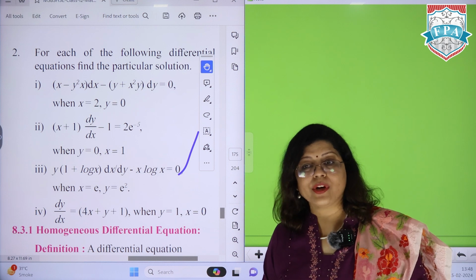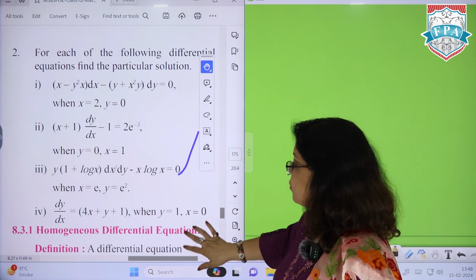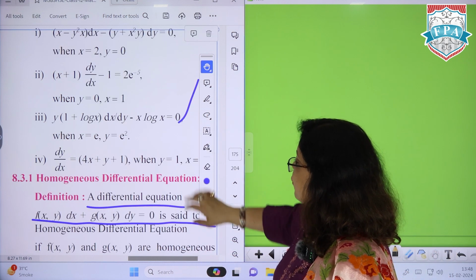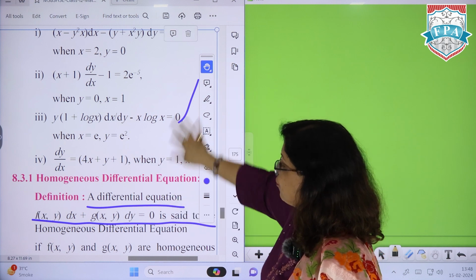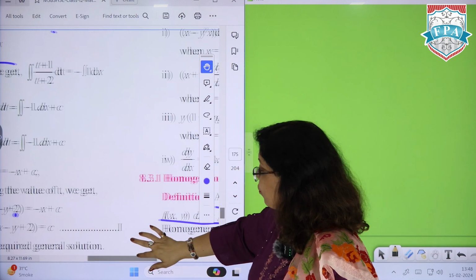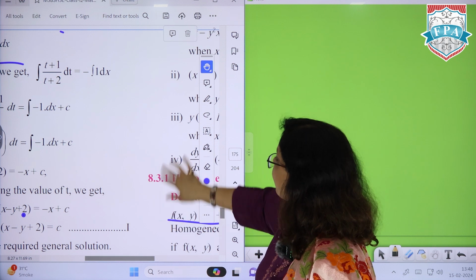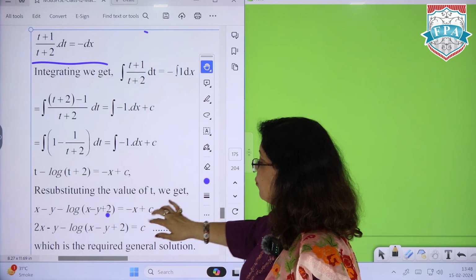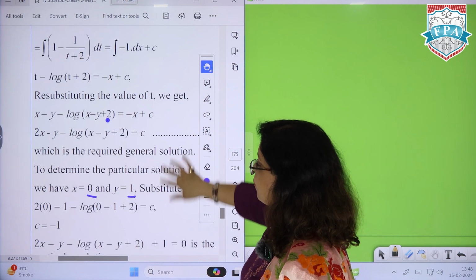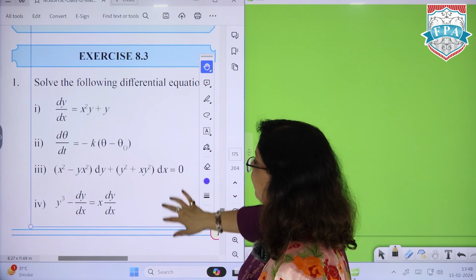Now let's see one question of homogeneous equation also, homogeneous differential. I have just discussed the homogeneous differential equation with you people. So for homogeneous equation, we are coming to the next exercise, which is exercise 8.4.